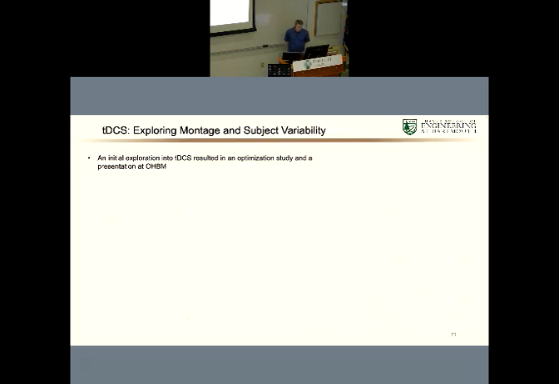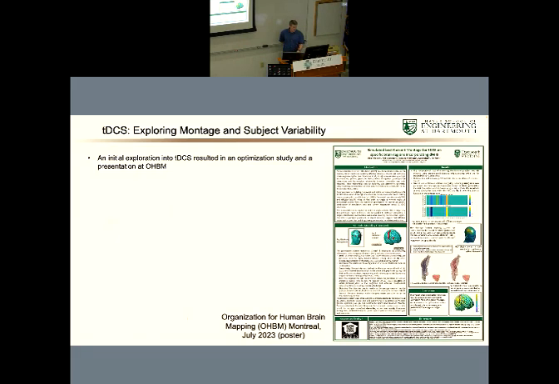So we did some initial exploration of this, did some optimization, and presented at the OHBM, Organization of Human Brain Mapping, last summer. And after getting more into it, we've been doing some montage and subject variability studies on 41 subjects' scans that they have.